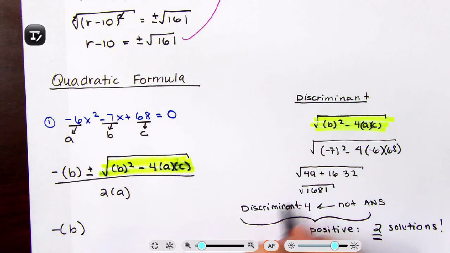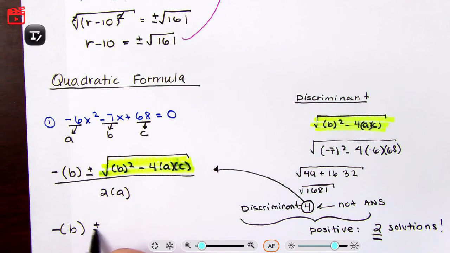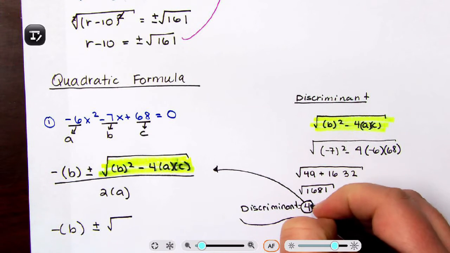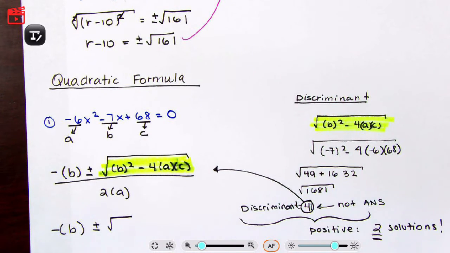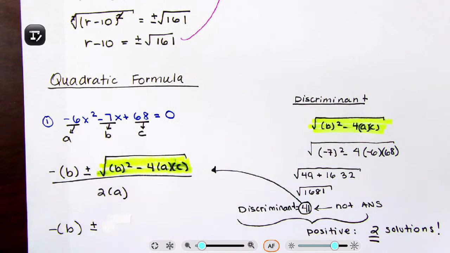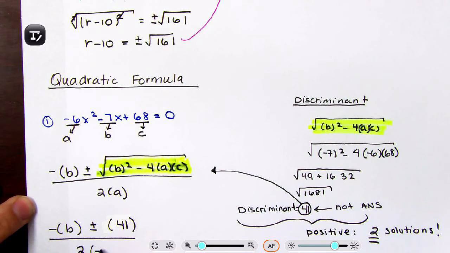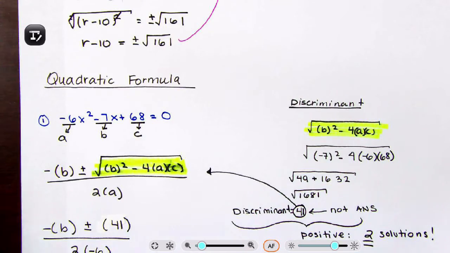So I'm going to choose to plug it in. So I have plus or minus square root of, that wasn't 4, that was 41. And that was after we already took the square root. So I'm going to put 41 here, divided by 2. A is negative 6, and B was negative 7.